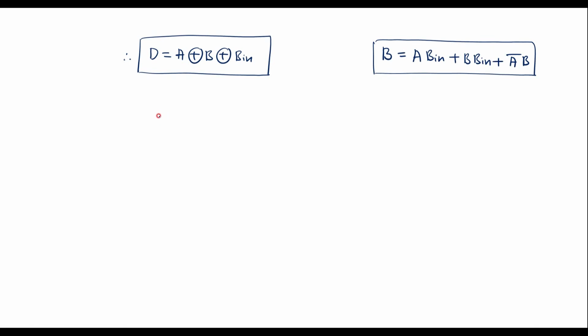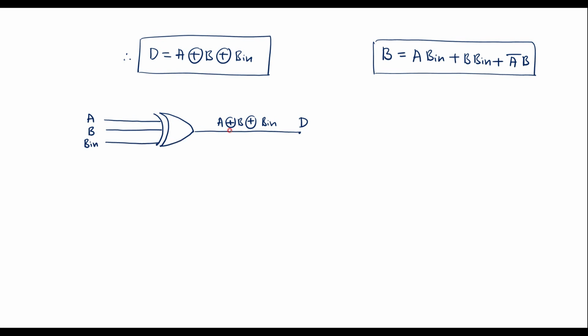Let me take a 3 input XOR gate. So the inputs are A, B and we have B in. The output of this is nothing but difference D, which is A XOR B XOR B in.